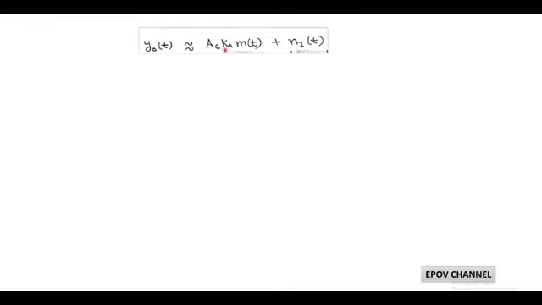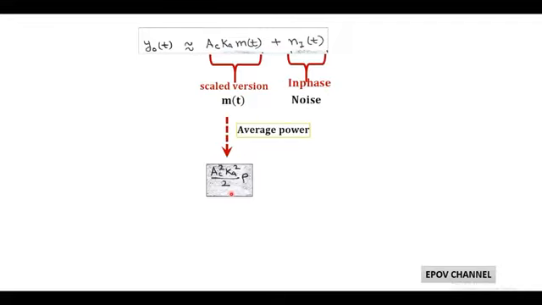From here we can find average signal power of scaled message signal, and it is equal to Ac² Ka²/2 into P, where P is called average power of message signal. And from the second term, average noise power within message bandwidth W is equal to N0 into W. Here N0 is called average noise power per unit bandwidth.